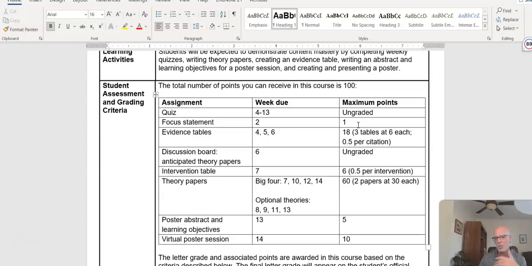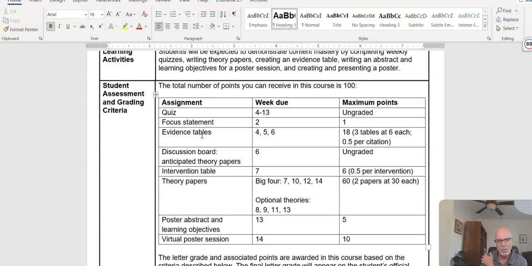We only ask them to write a paragraph. After that, we're asking students to develop evidence tables. Those are the first major assignments they turn in, right? And I would say these are not major assignments. I would argue they're probably medium stakes assignments. So the quizzes and the focus statements are low stakes.